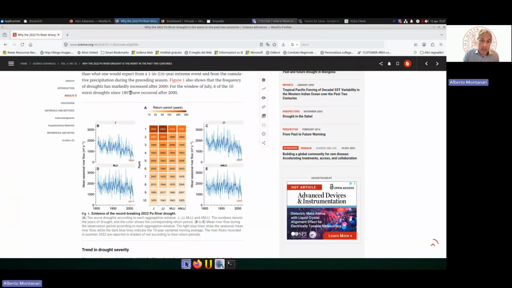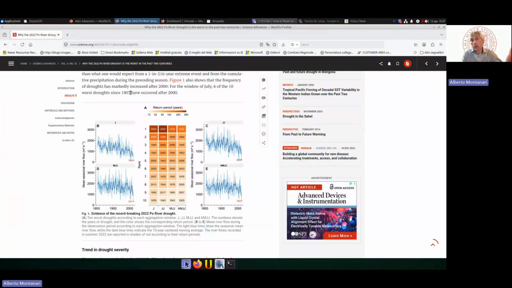And then you see that 2022 is characterized by a return period that is quite important. So it's ranging from something like 100 years to 600 years.